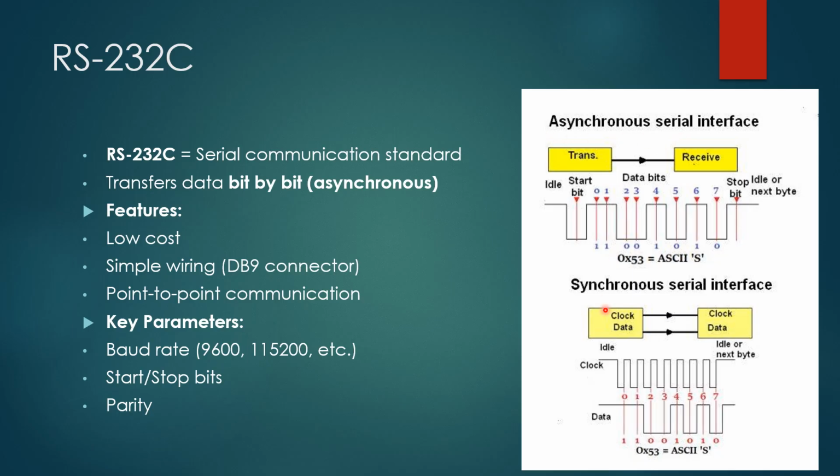One is asynchronous and another one is synchronous. So asynchronous is the way of communicating from transmitter to receiver with the start bit and the stop bit. Here, the data which is in logic 1 are categorized with respect to a particular pattern, and it is asynchronous.